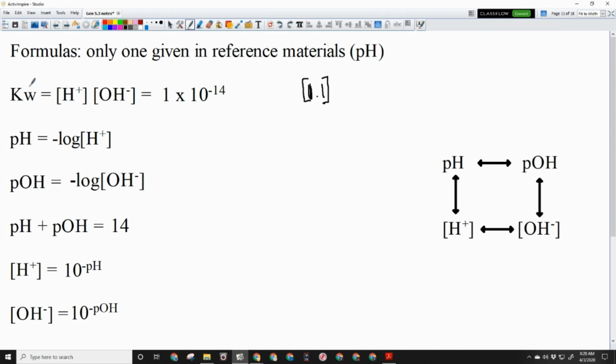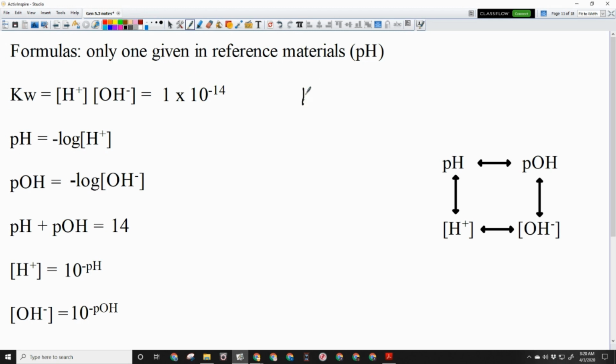So the dissociation constant for water is we take the concentration of our hydrogen ion that's in a solution, multiply it by the concentration of the hydroxide ion in the solution, and that's always going to give you 1 times 10 to the negative 14. Okay. So this is what's called the dissociation constant for water.